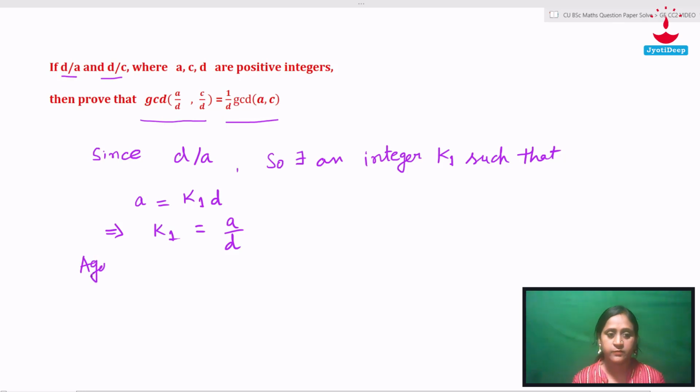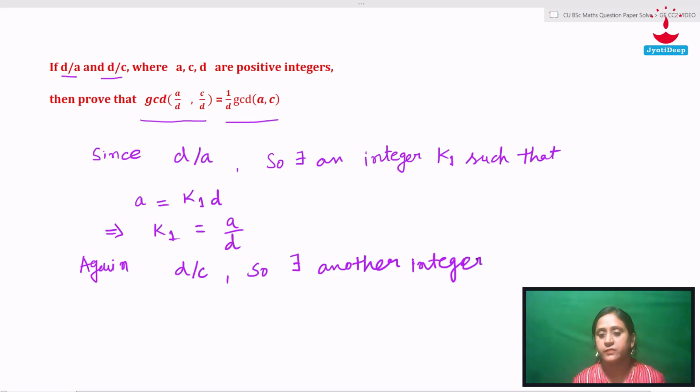Okay, again D divides C, so there exists another integer k2 such that C is equals to k2D.